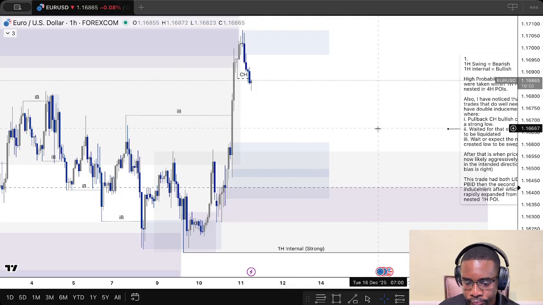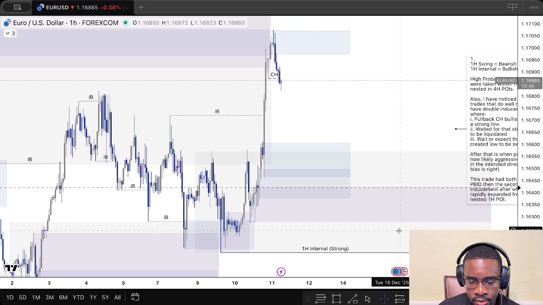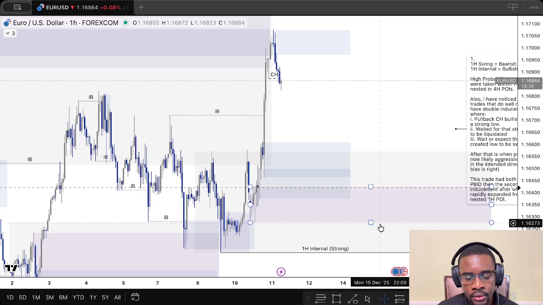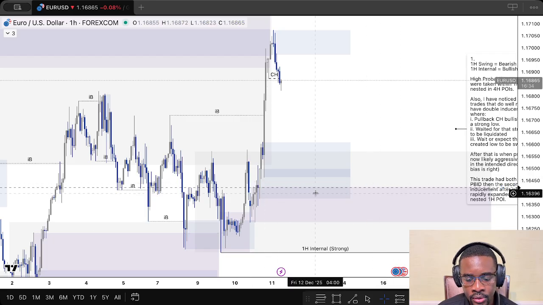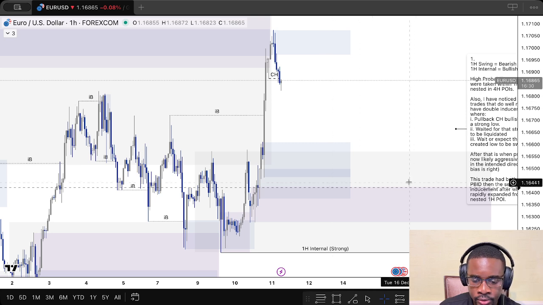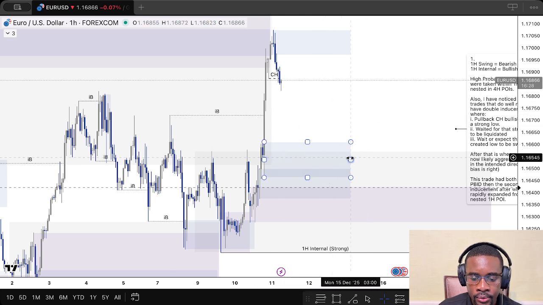Okay, but as it stands, high probability trades will be bullish. So either wait for this 4 hour POI to be mitigated, and then we look for trades after that, or if you are inclined, you can take risk entries on either.